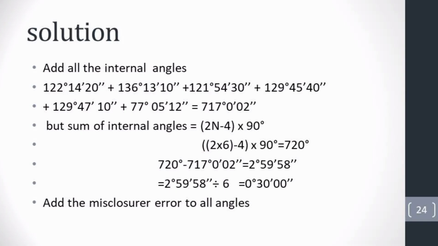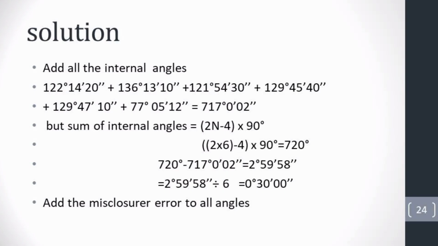We need to correct the observed values. So that was what we were told: adjust and give the values of the observation. They were asking you to correct those values. That is the error for the total figure.